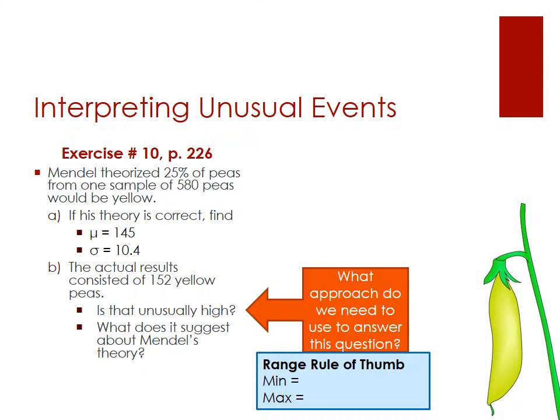We're going to use our range rule of thumb here. So we're going to calculate our minimum and our maximum based on the mean and the standard deviation for this particular problem. So pause the video here, get your formulas for calculating your minimum and your maximum, and then plug the values in. And when you've got your answers, turn the video back on and we'll check it together.